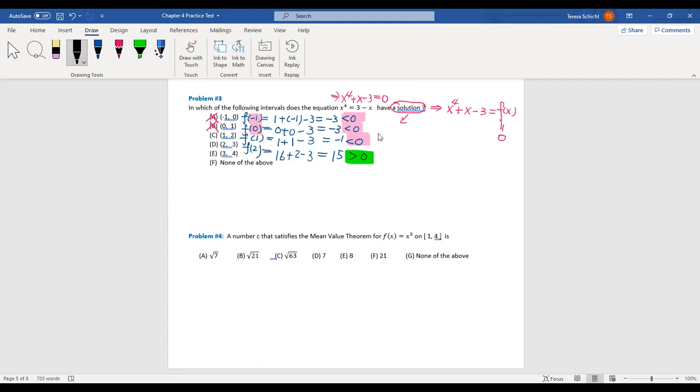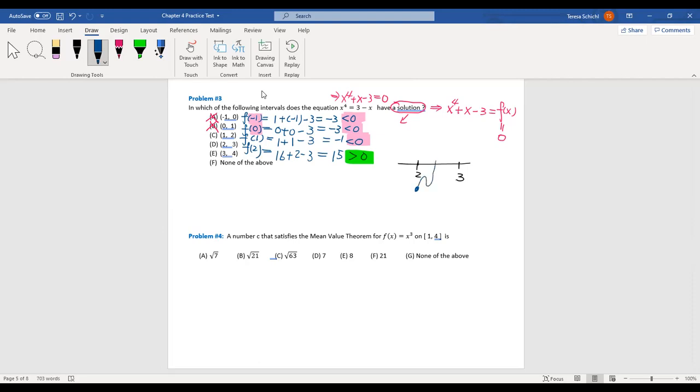So what does that mean? It tells me that f at 1 is -1, so this is the -1. And because this is a polynomial, it's going to be continuous.